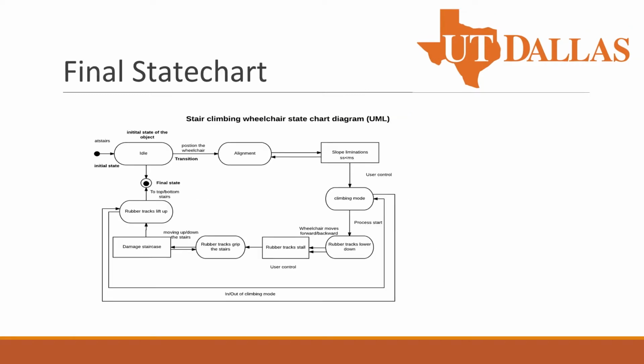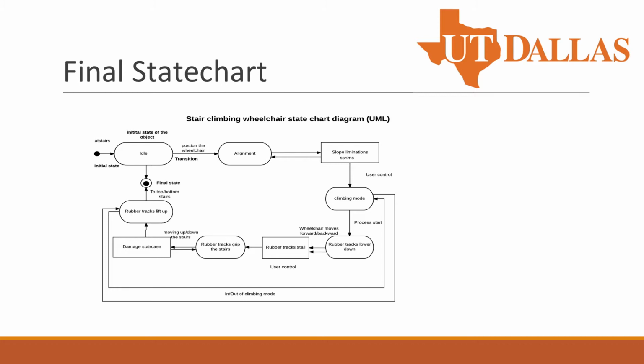And then we modified that state chart and put some of the events that were in the fault tree into this state chart. And we put the slope limitation event as well as the rubber tracks wearing off, which we grouped in as damaged parts, as well as a damaged staircase.